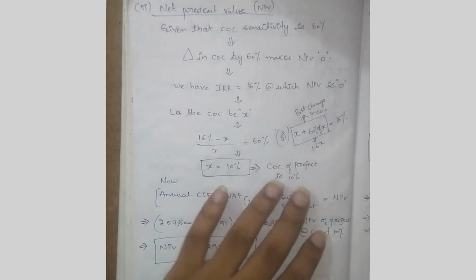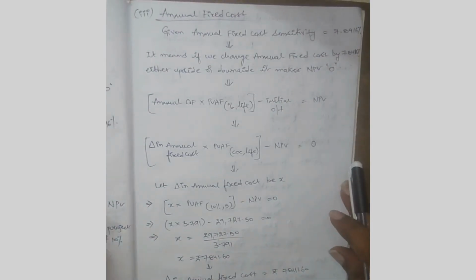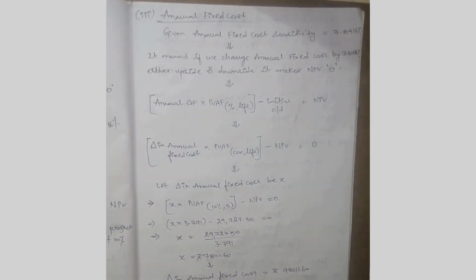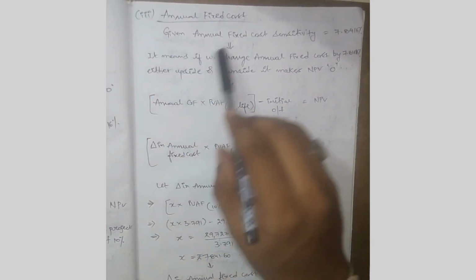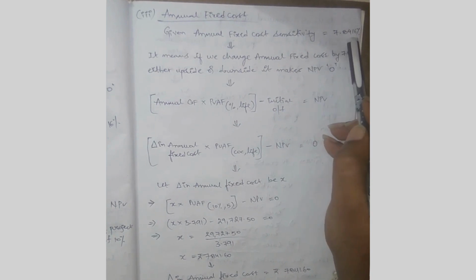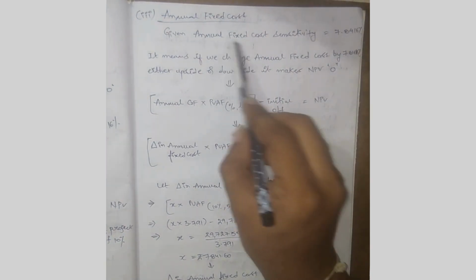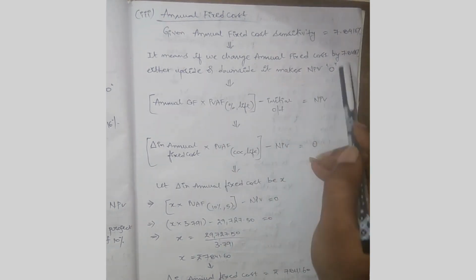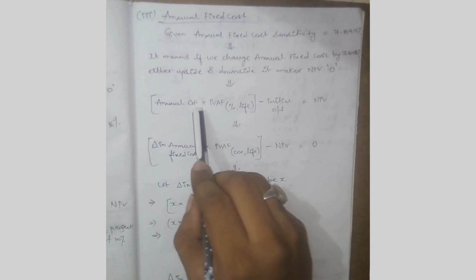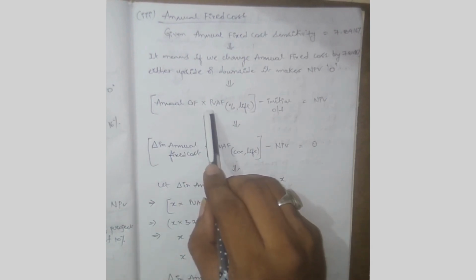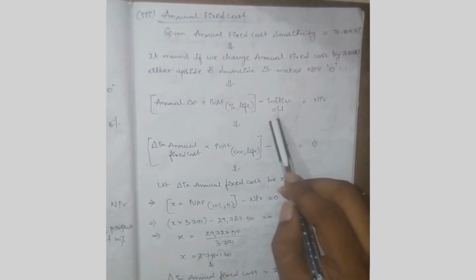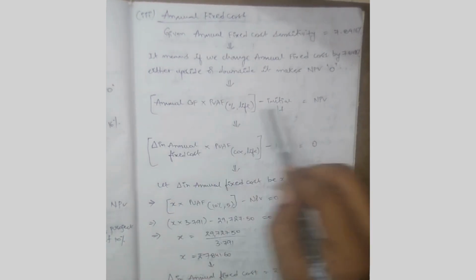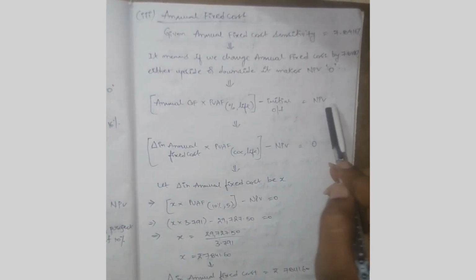Okay, let's go to the third point, that is the annual fixed cost. It is given that the annual fixed cost sensitivity equals 7.8416%. That means if we change the annual fixed cost by 7.8416%, it makes NPV 0. So we know this standard equation: annual cash inflows multiplied by the present value annuity factor. If we compare this present value of cash inflows with the initial outflow, we will get NPV.